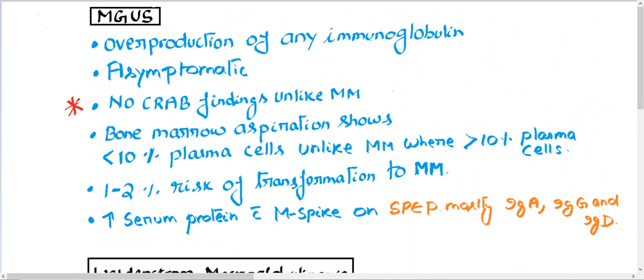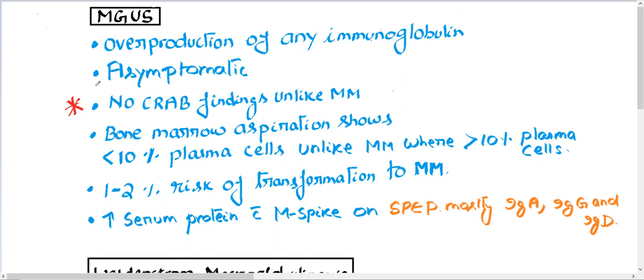Okay, so coming to MGUS, that is monoclonal gammopathy of undetermined significance. In this condition there is an overproduction of an immunoglobulin. We know that these immunoglobulins are produced from plasma cells, and these plasma cells are proliferating in the bone marrow.